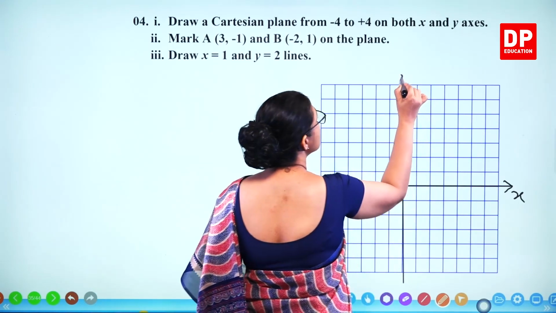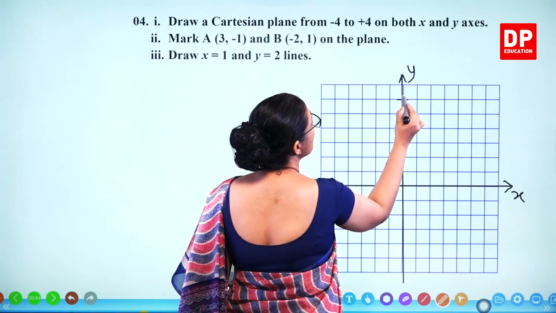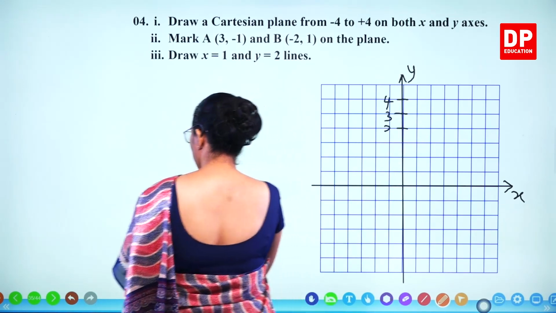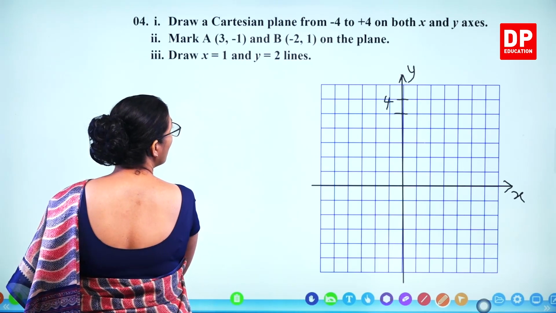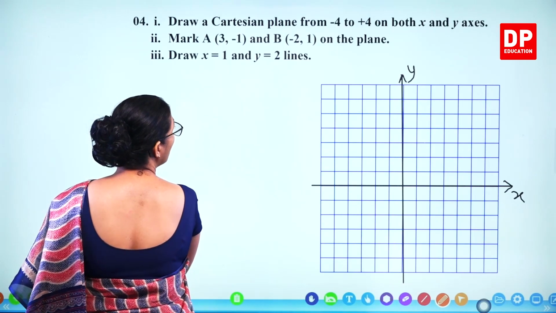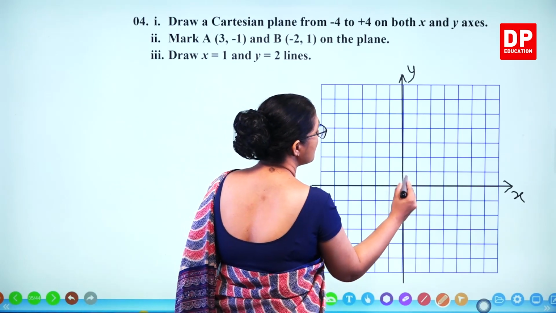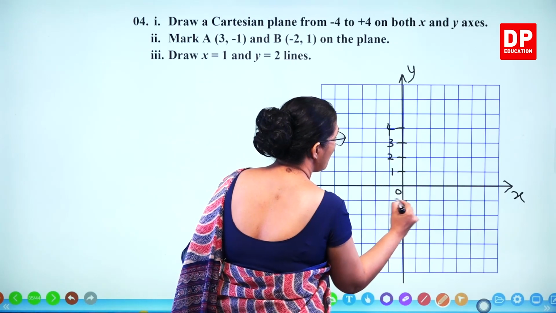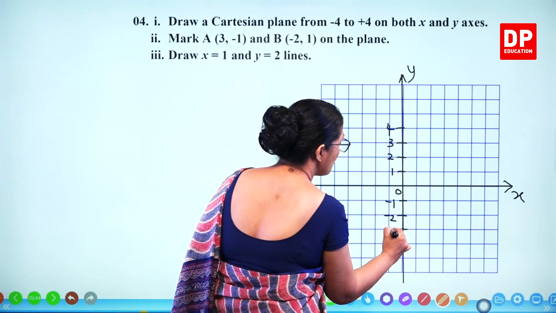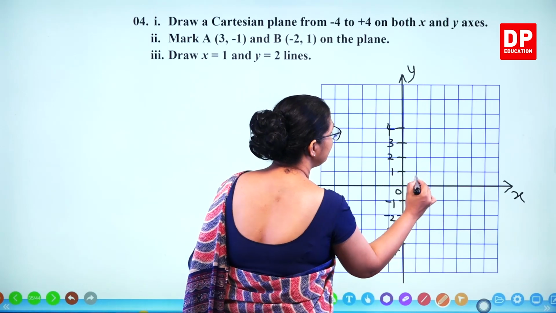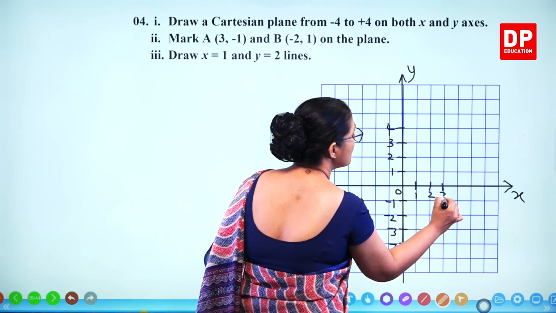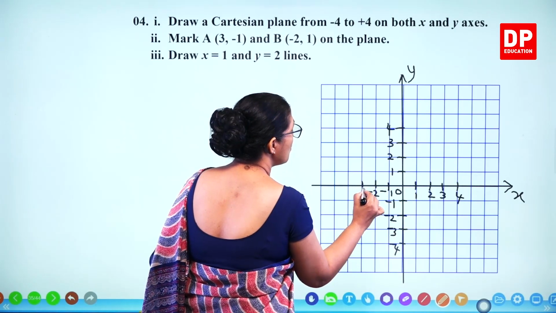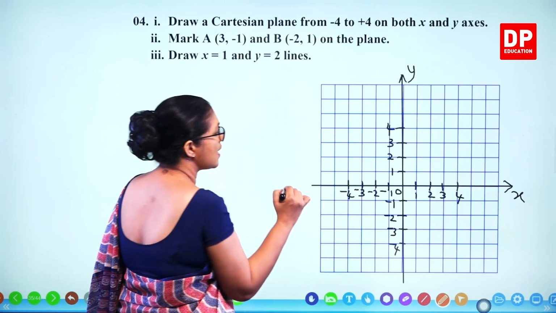And this is x, this is y. And we can start from 4, 3, 2. No. So we have to start from 0, 1, 2, 3, 4, -1, -2, -3 and -4 here. 1, 2, 3, 4 to this side, -1, -2, -3 and -4 to this side.